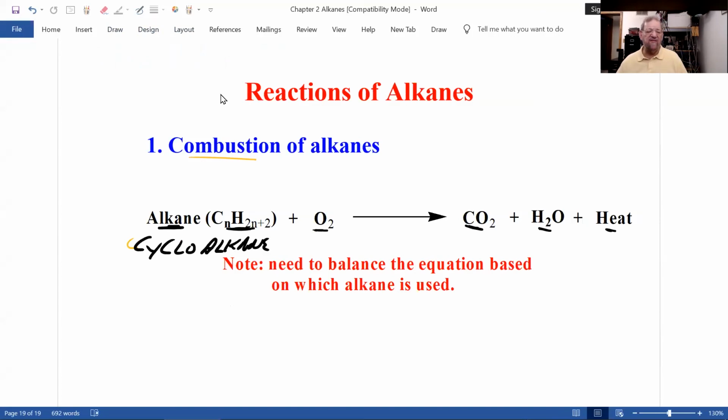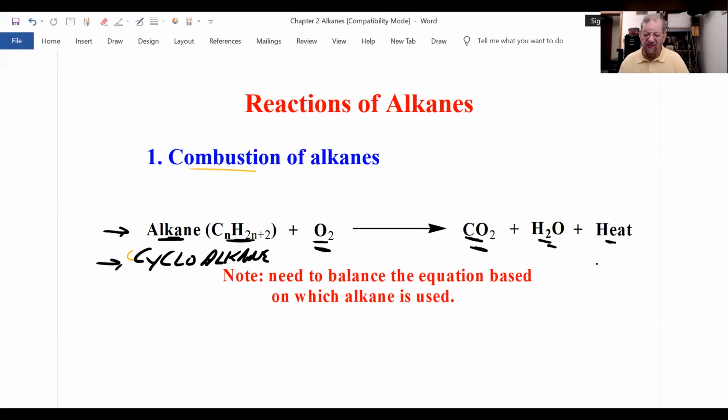So anytime you have an alkane or a cycloalkane reacted with oxygen, you'll get carbon dioxide, CO2, and water. You'll also get heat. Now, to organic chemists, when we're looking at the products, ooh, that's something I need to talk about.